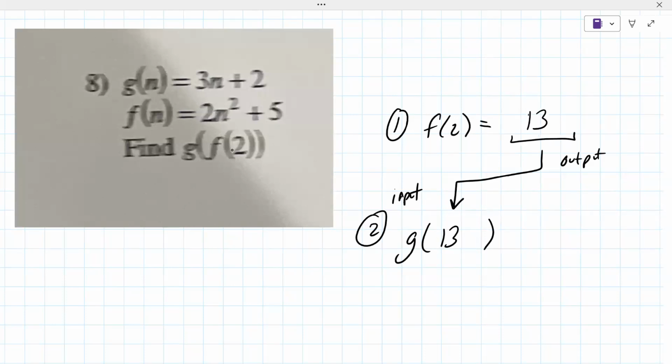Okay, so now you're going to find g of 13. 13 times 3 is 39, plus 2, 41. Good.